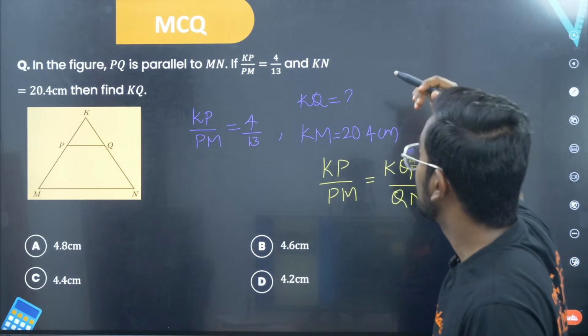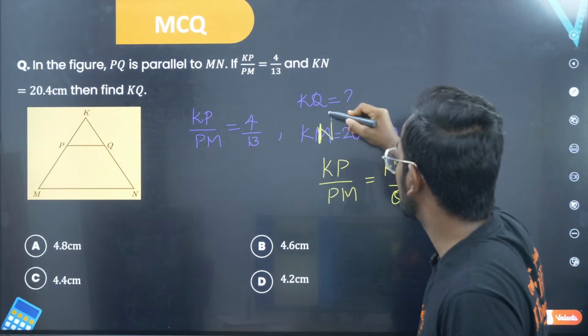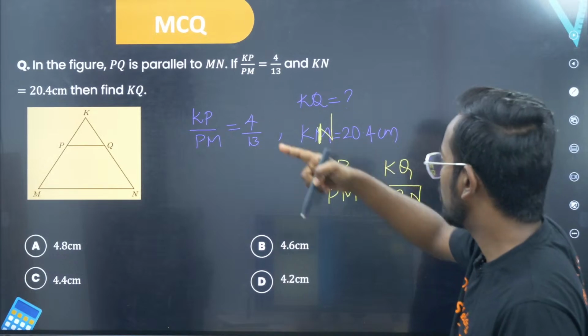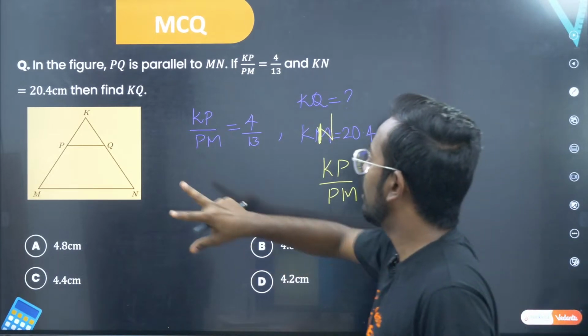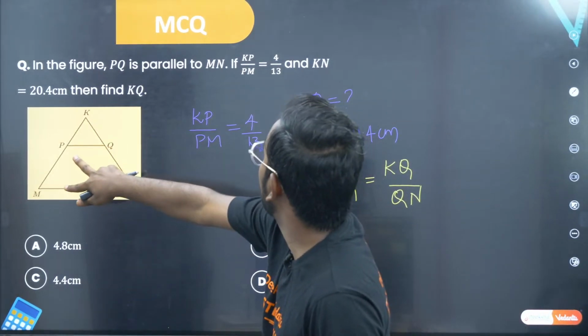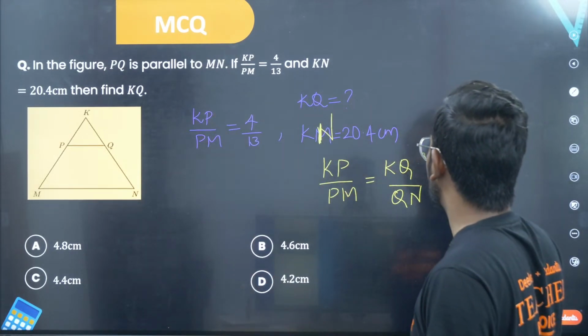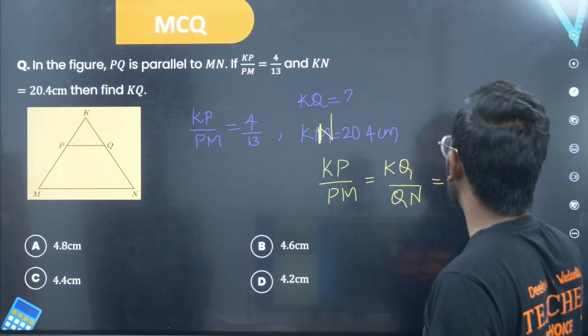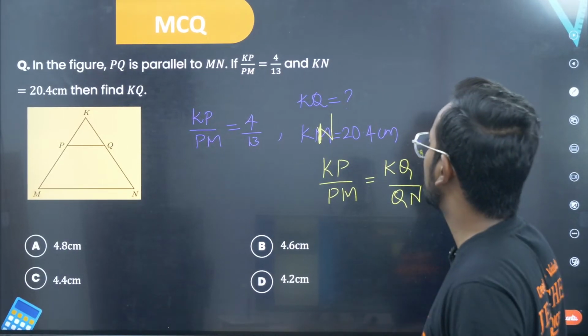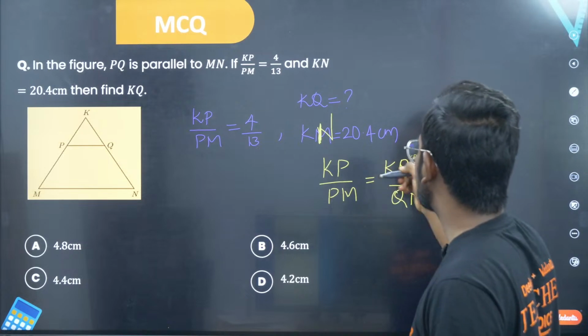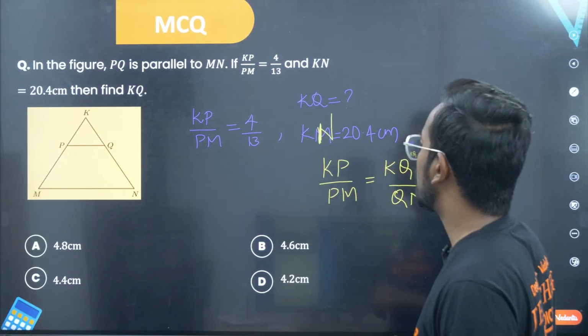They have given KN, not KM, I'm sorry, this is KN. So the whole KN is given as of now. KP by PM is 4 by 13. KQ is asked and QN is not known.